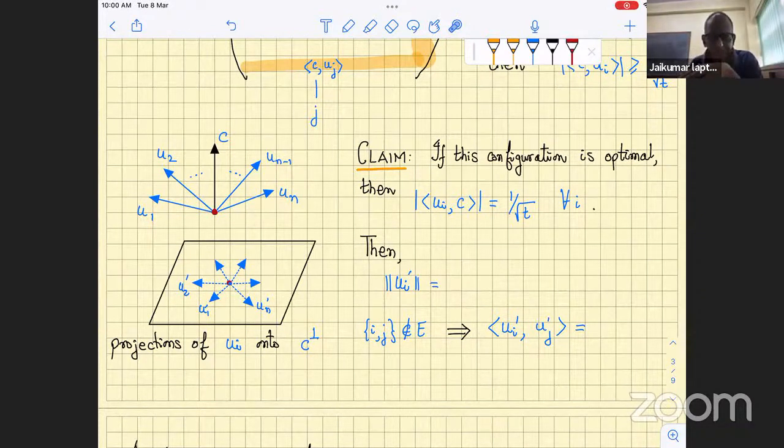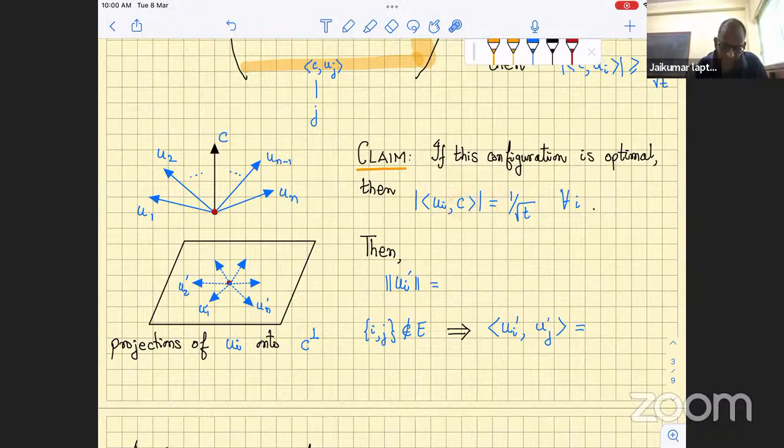It turns out, and maybe I'll put it in your homework, that when you have an orthogonal representation of the graph and a handle which gives you the theta function, it must be the case that the handle makes the same angle, though there might be an issue of sign here, with all the vectors. So when the optimum is achieved, this thing is true.